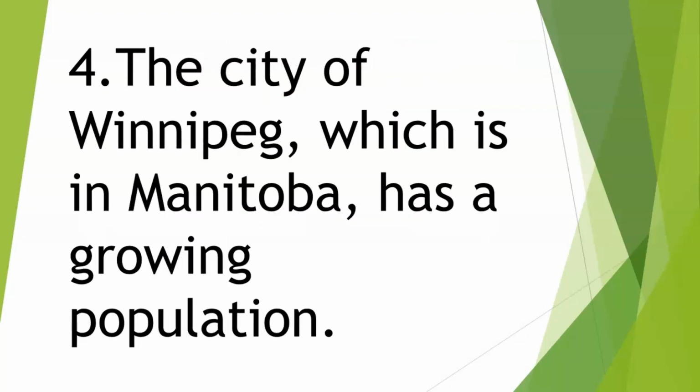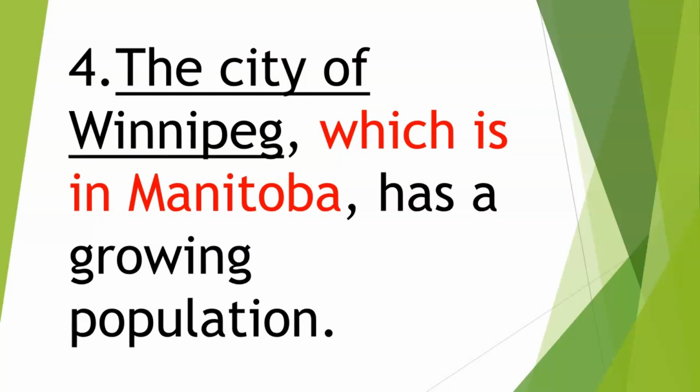Let's go to number 4. The city of Winnipeg, which is in Manitoba, has a growing population. The clause is which is in Manitoba, and the noun that it modifies is the city of Winnipeg.